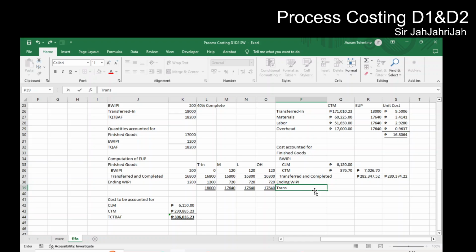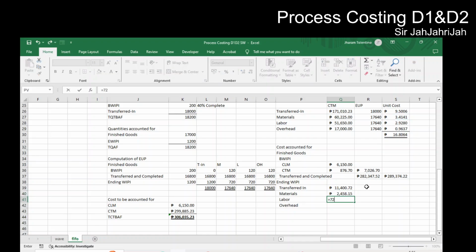Is it even? No. So we have transferred in cost, materials, labor, and overhead. So this is new. We have 1,200 times 9.5006. We have 720 times 3.41.